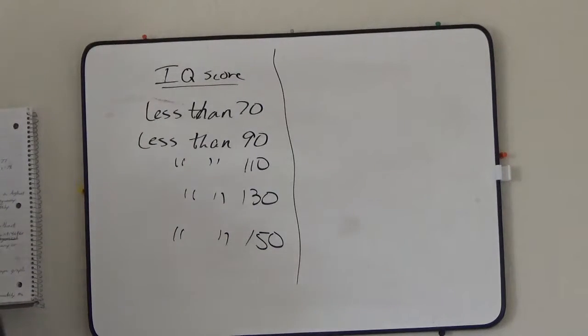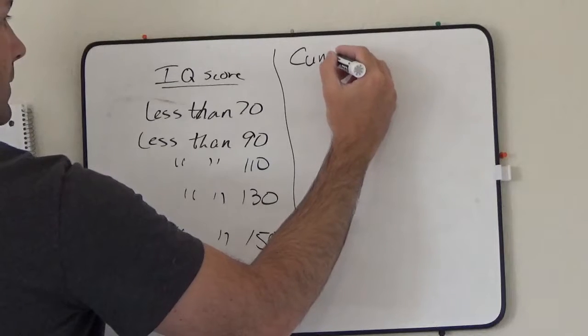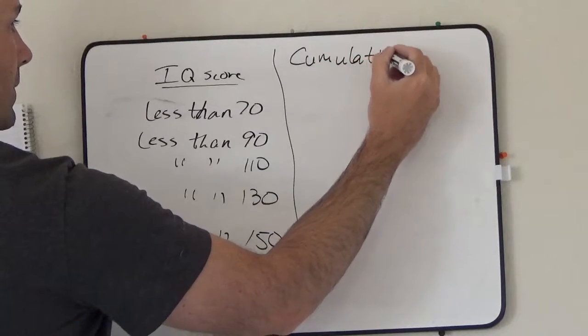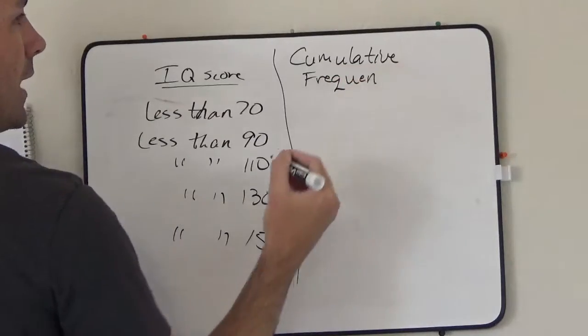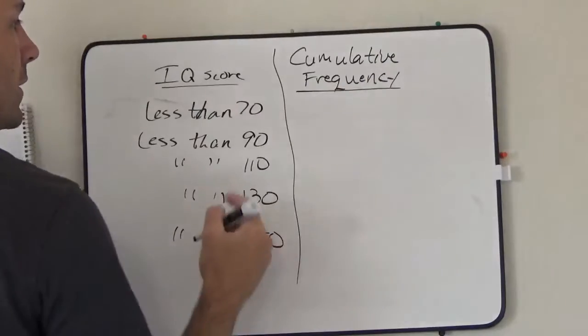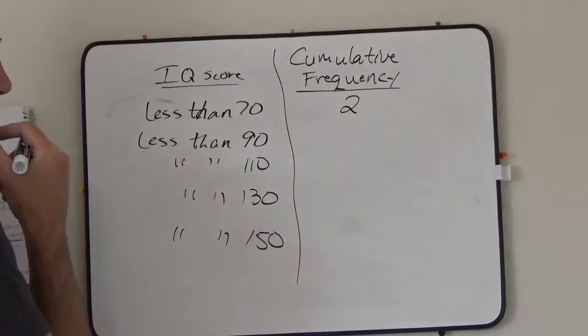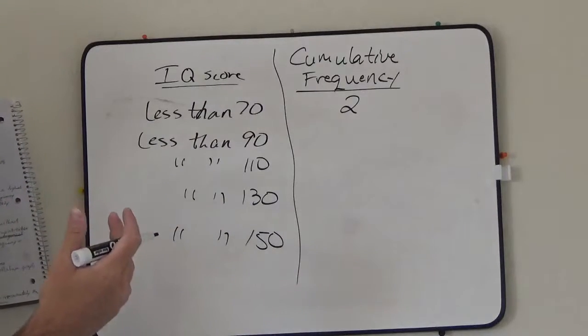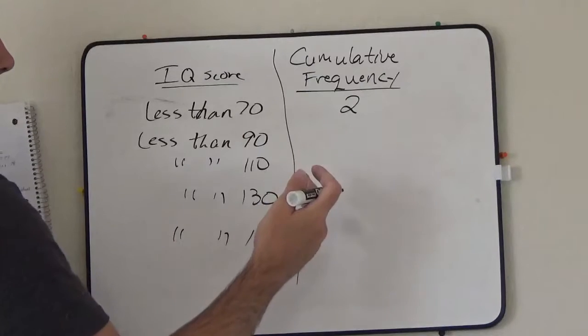And cumulative, what that does is it's going to add the previous numbers to the current ones. For example, less than 70, we know the answer is 2. Okay, so that one didn't change any. The first one doesn't change. But this next one, less than 90, that was 33 before.